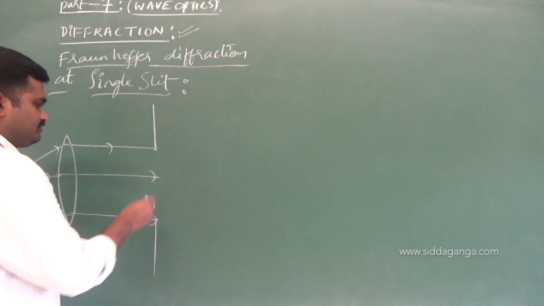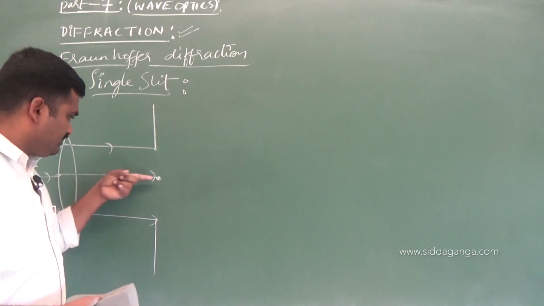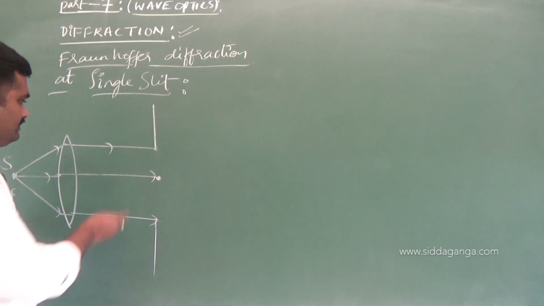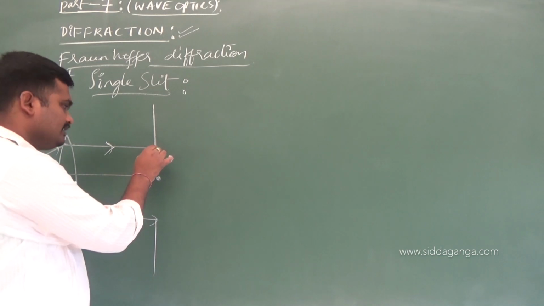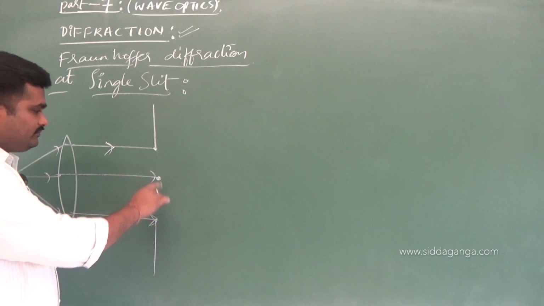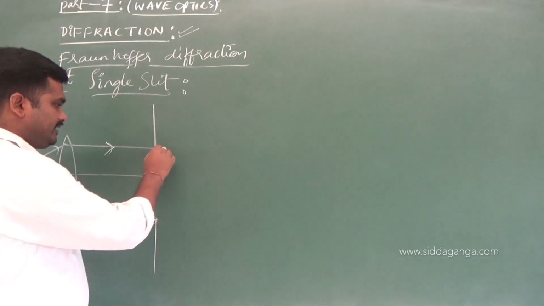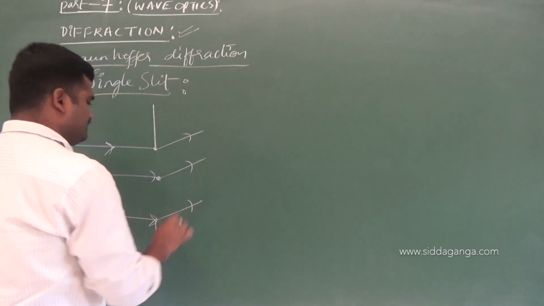So if a small dust particle might be present at this point, even this ray of light is going to undergo diffraction because of the presence of the sharp edge at this point, and even at this point, because of the slit edges, so that light undergoes diffraction in this path.